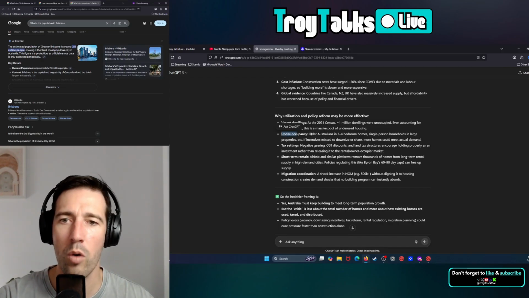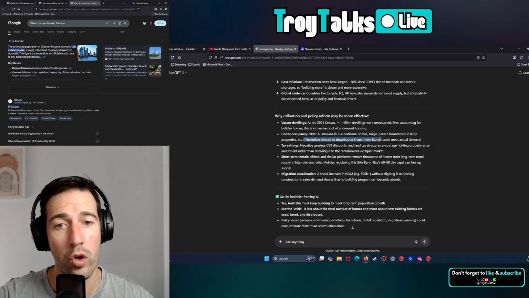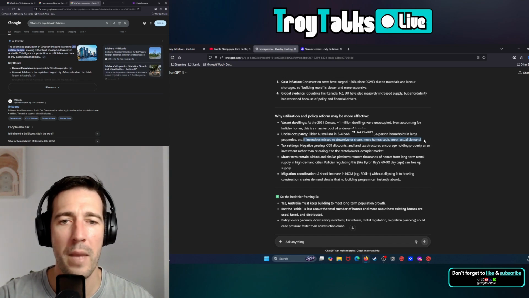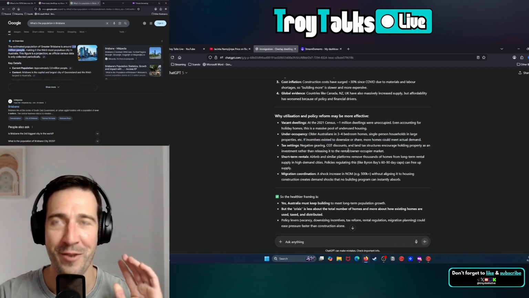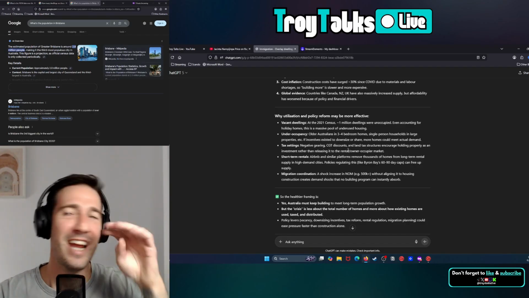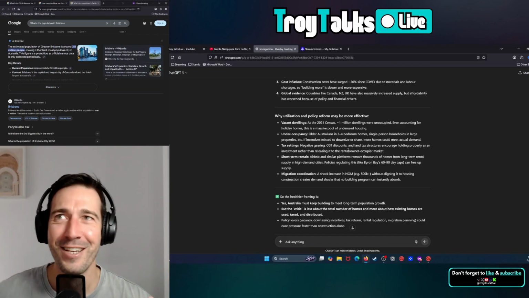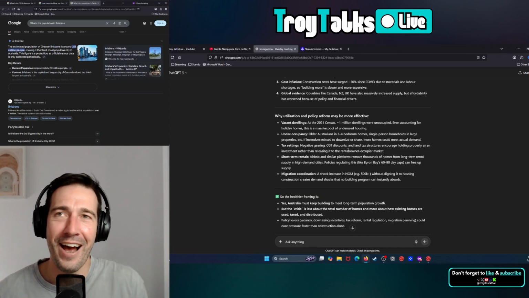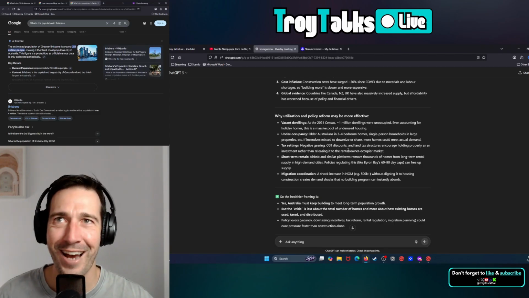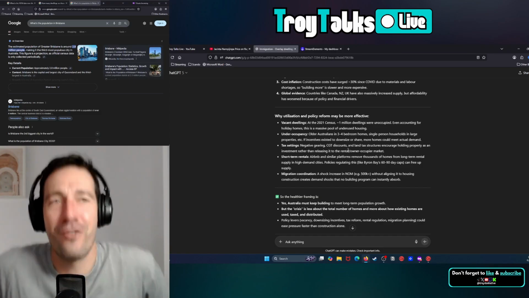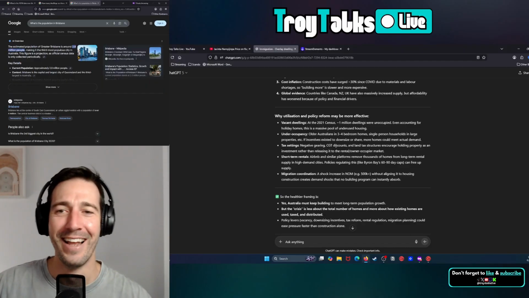Under occupancy, older Australians in 3-4 bedroom homes, single person households in large properties. If incentives existed to downsize or share, more homes could meet actual demand. Now, okay, if you've got a spare bedroom tax, all right, you people just calm down for a sec. If you're triggered, just hold out.